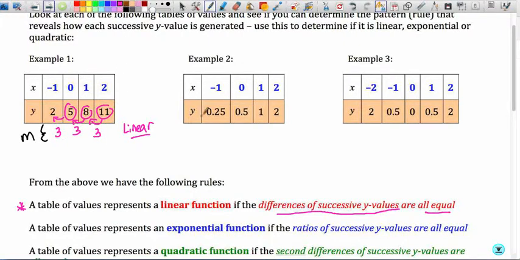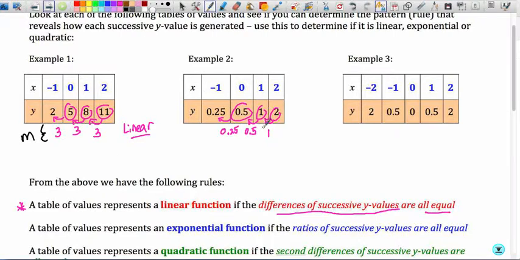Okay, we're going to repeat the same process with example 2 and example 3, and I'll show you a couple of differences here. So once again, 0.5 minus 0.25. This time I'm going to get a difference of 0.25. Repeat the process. 1 minus a half is going to give me 0.5. One more time, 2 minus 1 is going to give me 1. And in this particular case, you can see that the first differences are in fact different.